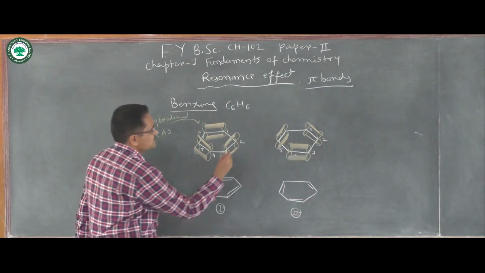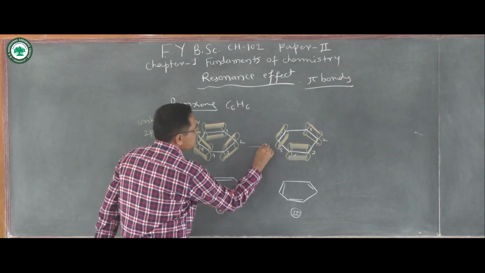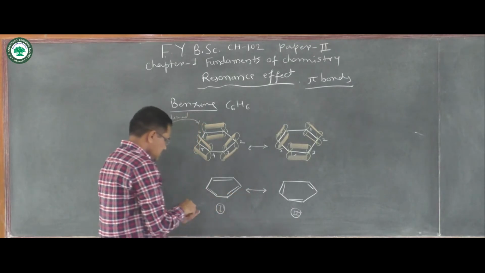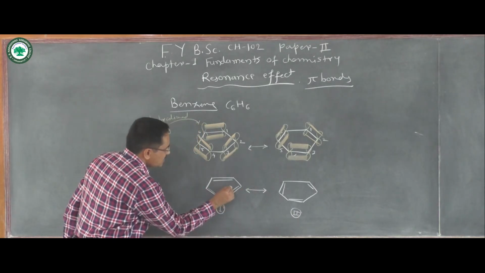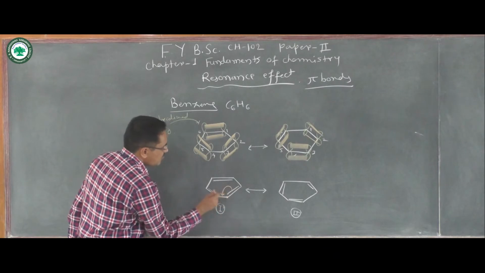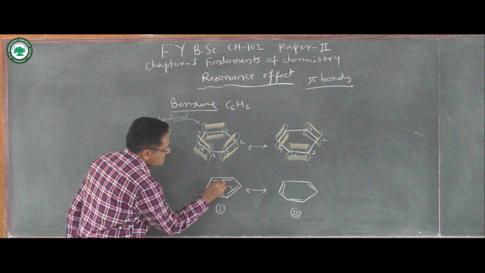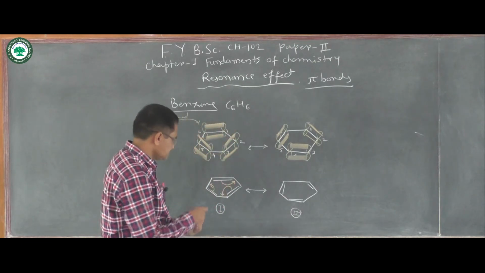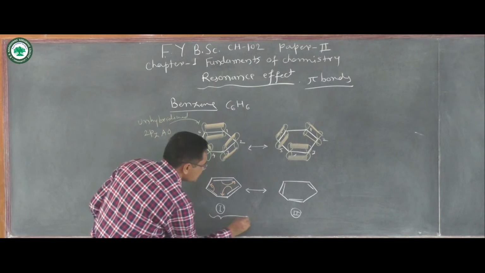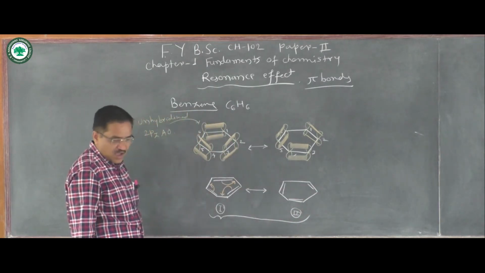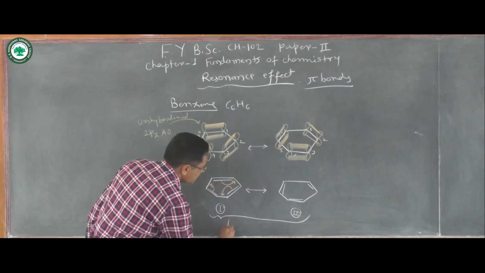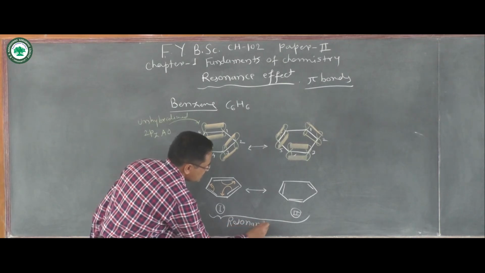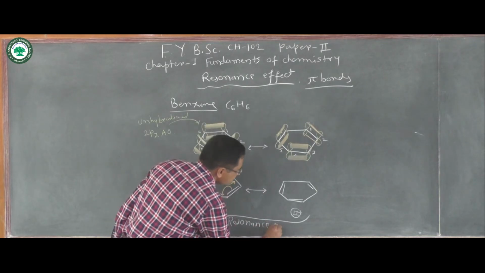We can say that the first structure is converted into the second, means this pi bond is shifted from one place to another place and we obtain the second structure. And these two structures are called resonance structures.